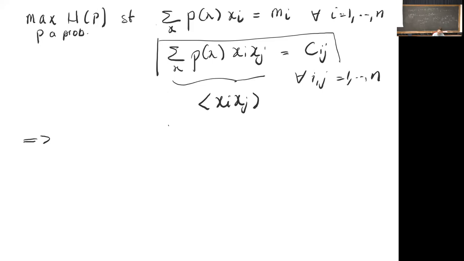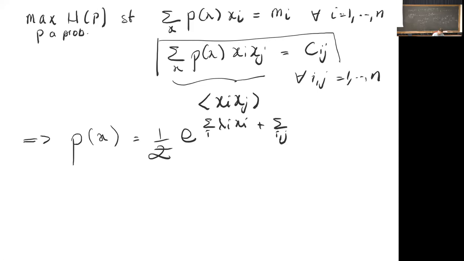So I don't do the exercise. Now you got it, you can do it. What you will obtain is P of x is equal to 1 over Z, exponential of the sum over i lambda i xi plus the sum over ij lambda ij xi xj.